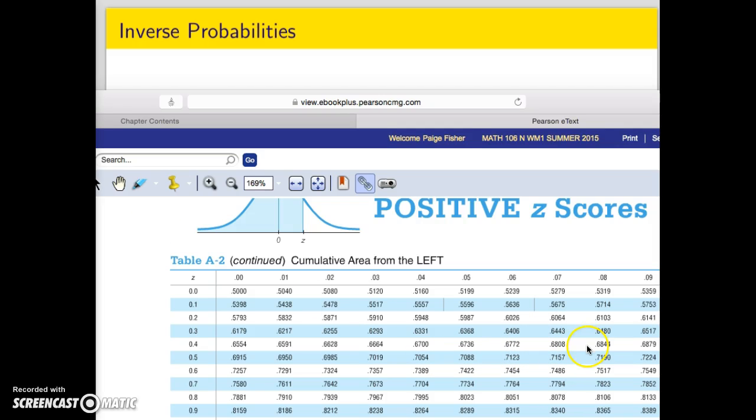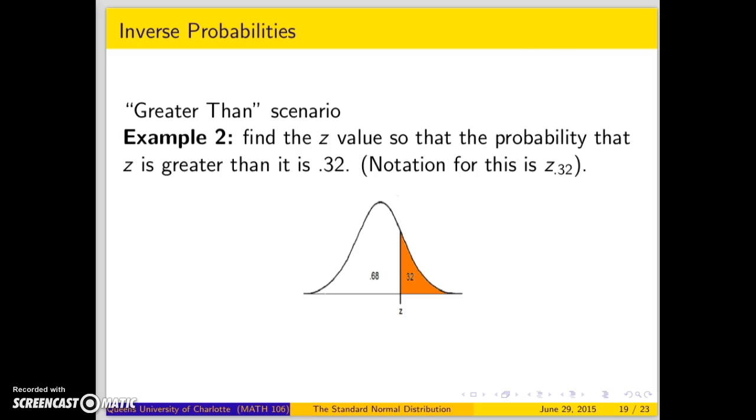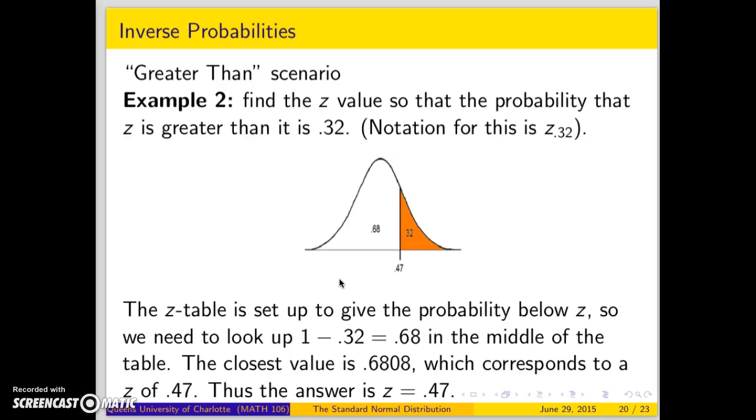So we see 0.47 because we went down to 0.4 and over to 0.07. So 0.47 appears to be the z-score for this probability. So the probability that z is greater than it is 0.32, the z value would be 0.47.